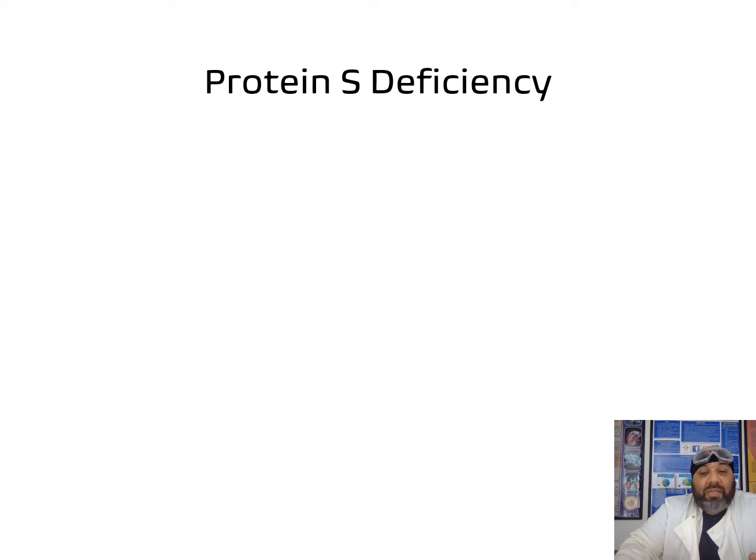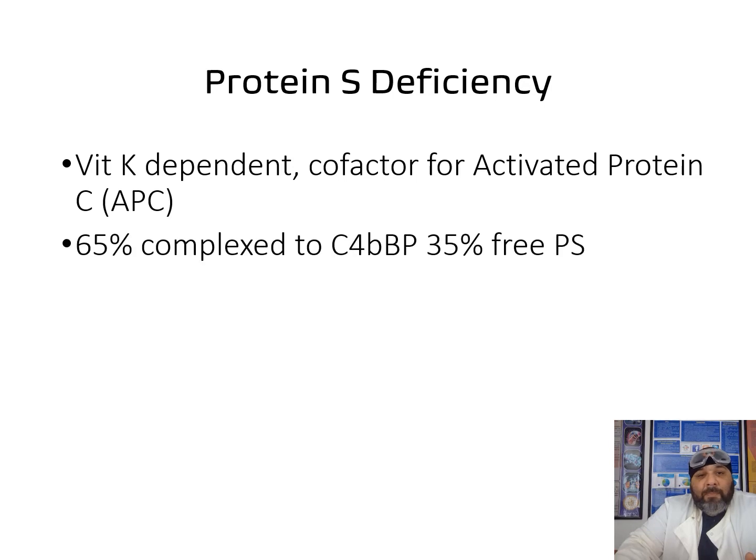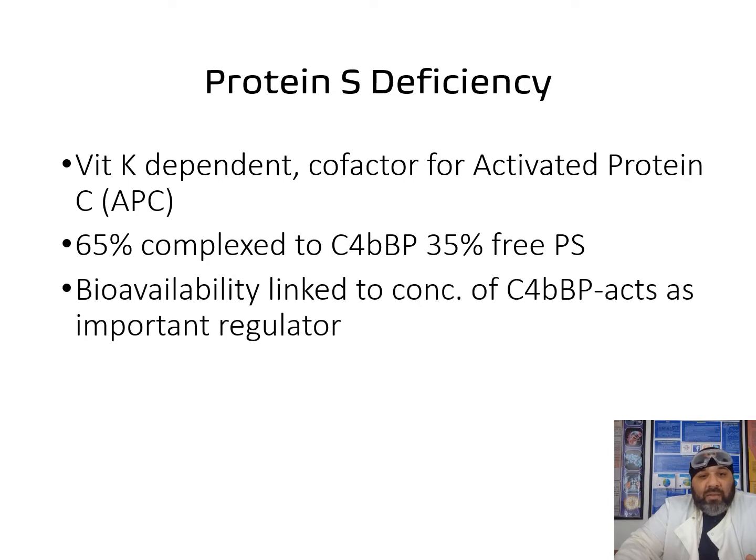And where protein S is concerned, in protein S deficiency, it's a vitamin K dependent cofactor for activated protein C, or APC, 65% complexed to C4b binding protein, C4BBP, and 35% free protein S, and bioavailability is linked to concentration.